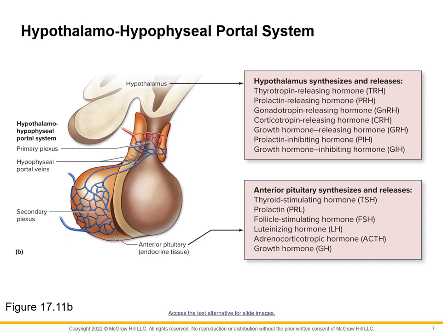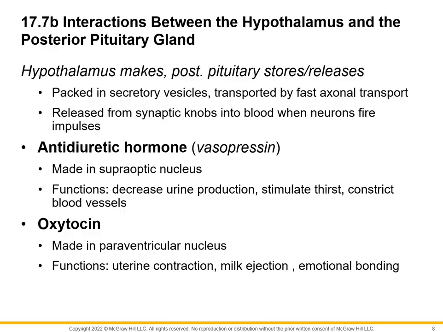So let's go back for a second and take a look at some details of some various hormones that we've already mentioned, right? So first are these that are coming from the hypothalamus and into the posterior pituitary. So remember, these hormones, oxytocin and ADH, they are produced in the hypothalamus, but they're stored and released from the posterior pituitary, right? So first one is ADH, antidiuretic hormone.